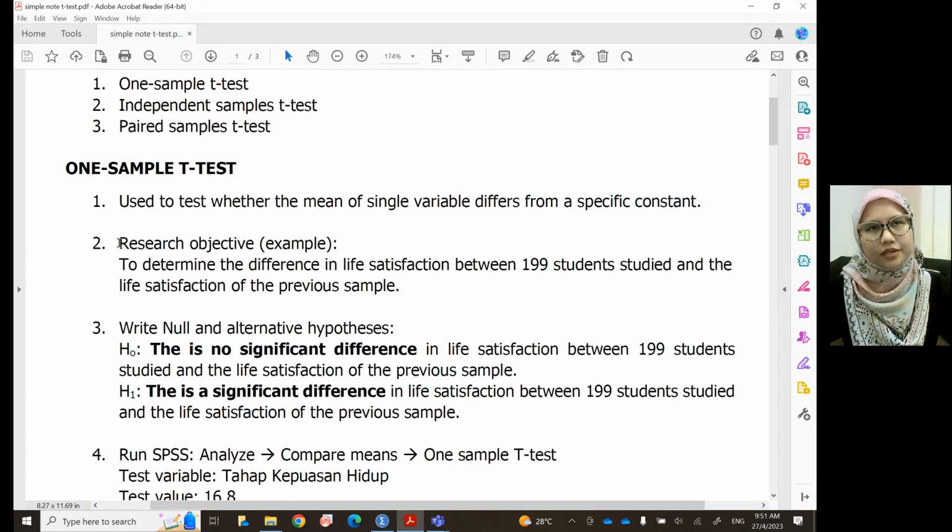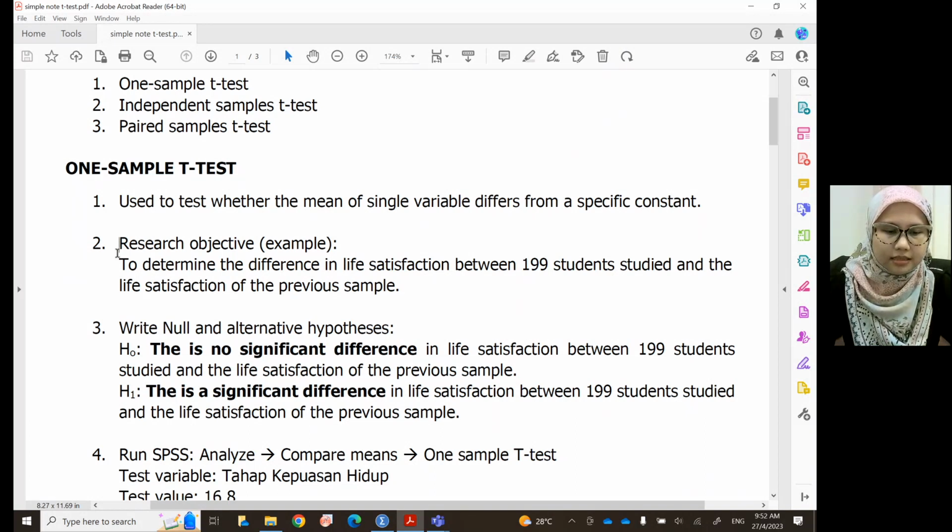Next. In your research study, usually you have a research objective, a research question. So this is one example of a research objective if you want to know the comparison or the differences for the variable.